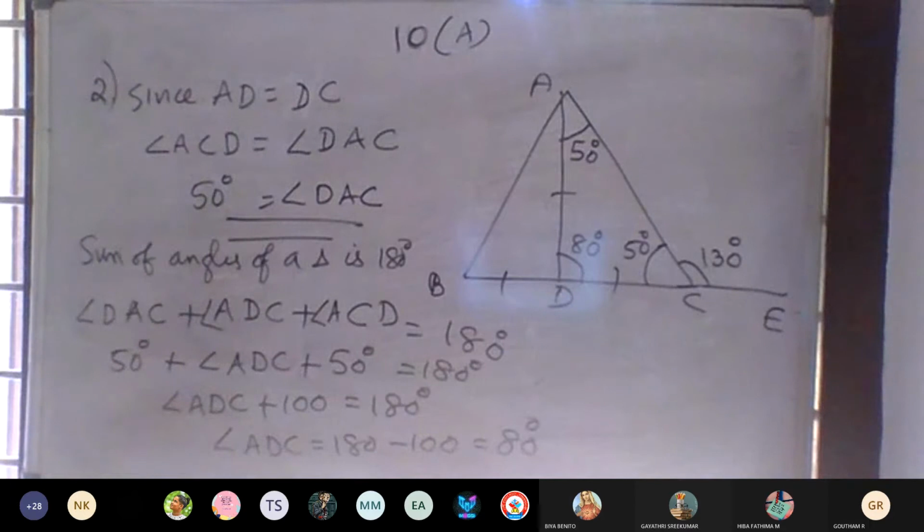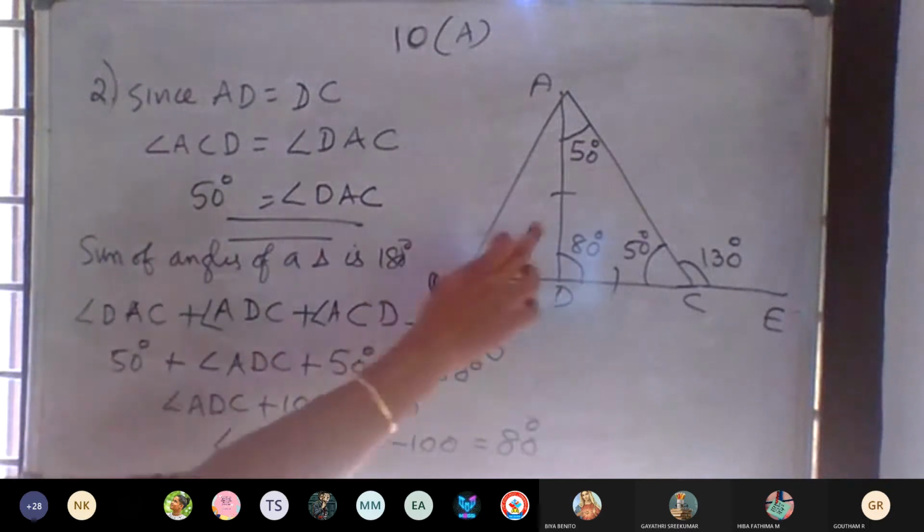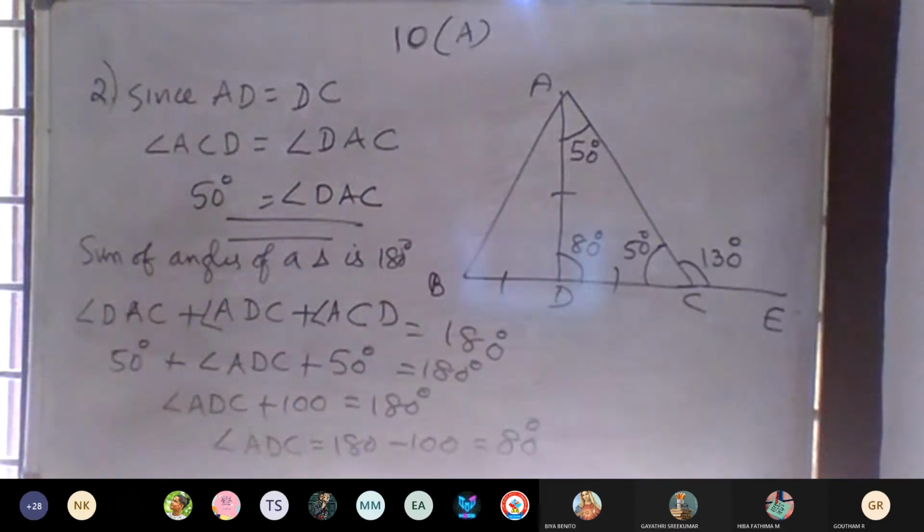Next, consider triangle ADB. Then only we can say, now we got 80 degrees, that we can consider as an exterior angle if we consider ADB. So consider triangle ADB.